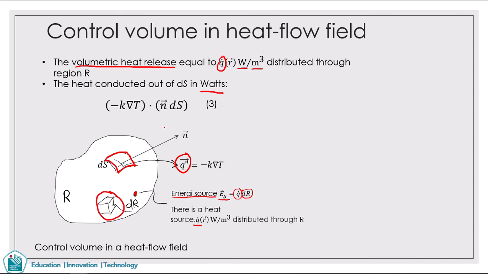This is a vector dot product of the heat flux and the surface area. Remember, the unit of the heat flux is watt per square meter, and the unit of the area is square meter. And finally, we get the watt unit.